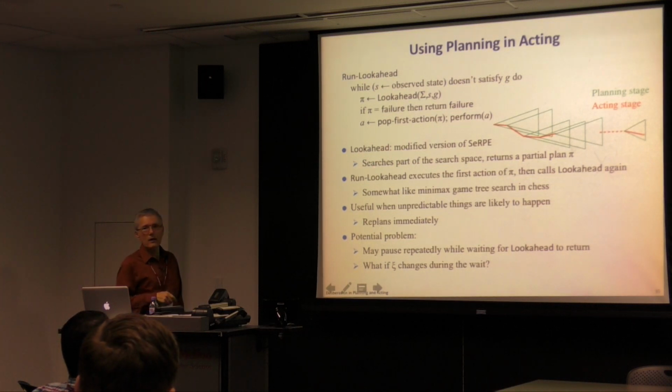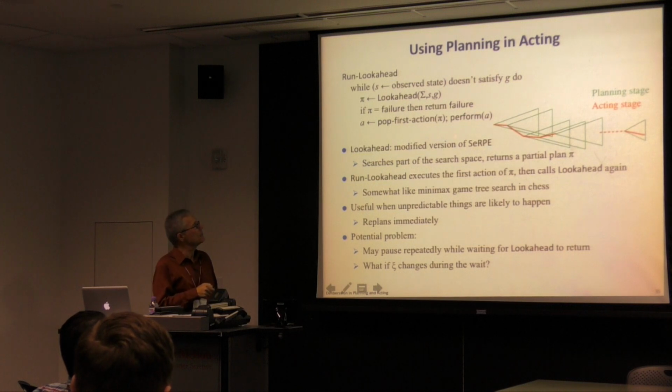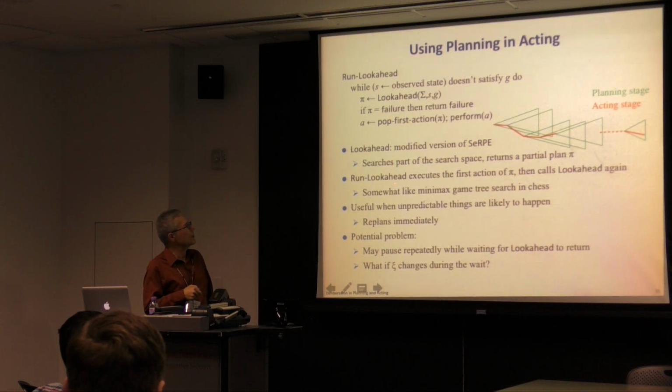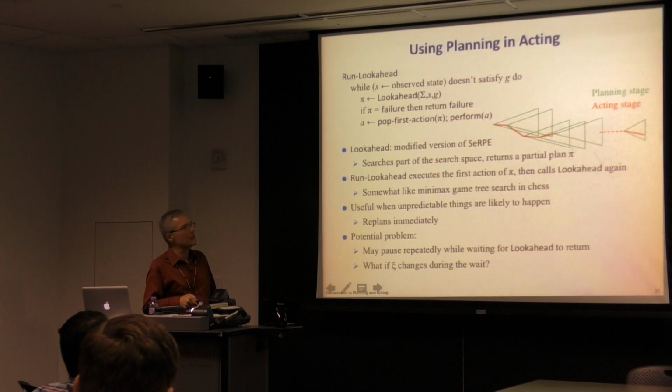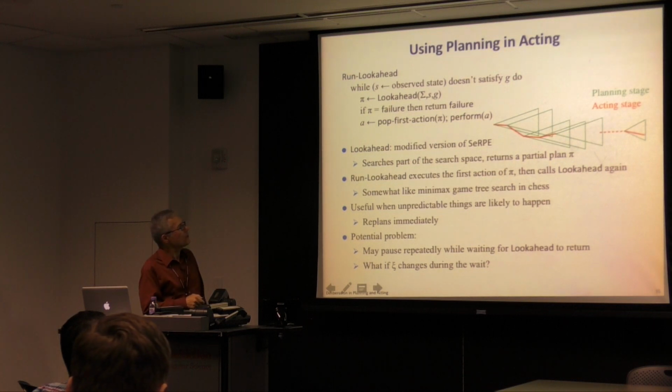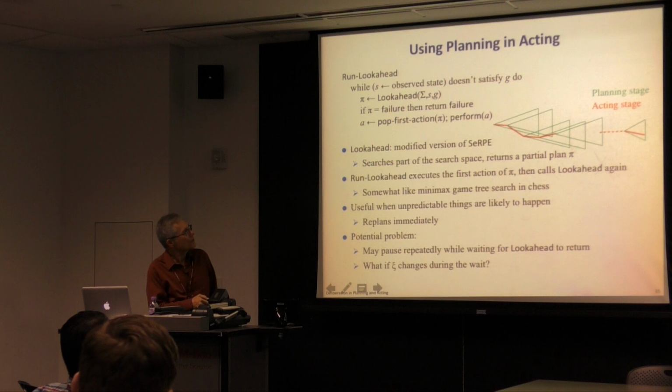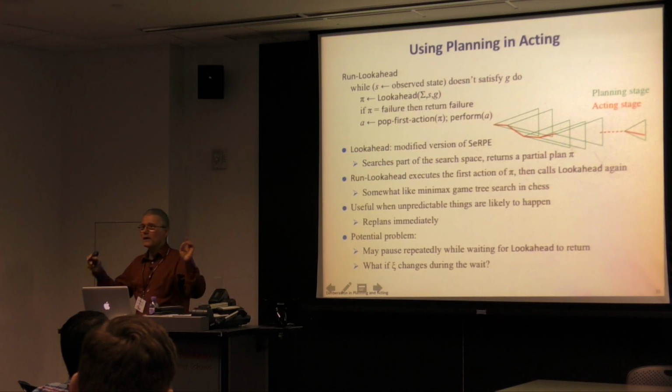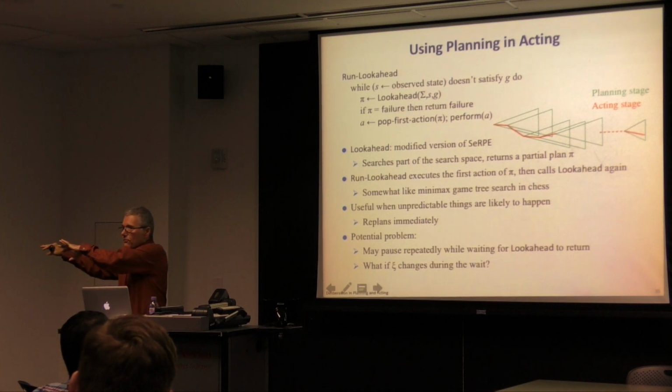The lookahead algorithm that we have is a modified version of SeRPE that will search part of the search space and then return a partial plan. The reason that Run-Lookahead executes the first action then calls Lookahead again is that if we're only going to search part of the search space, if we are not going to search all the way to the goal or all the way to the task completion, we can't be sure that we're planning the right thing all the way into the future.